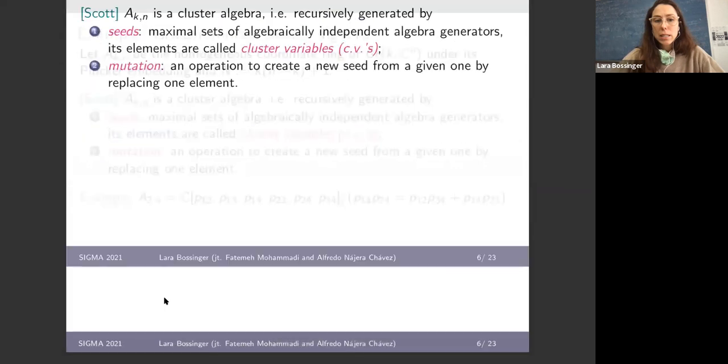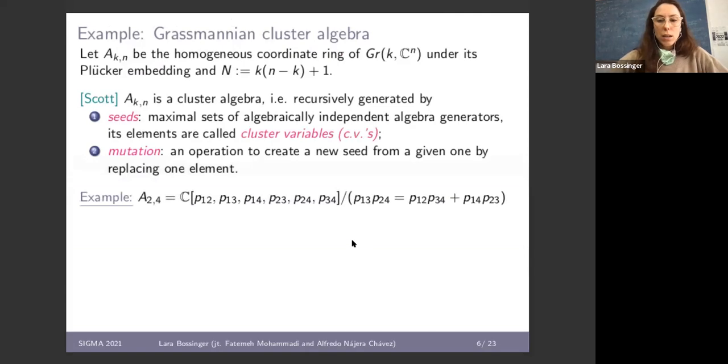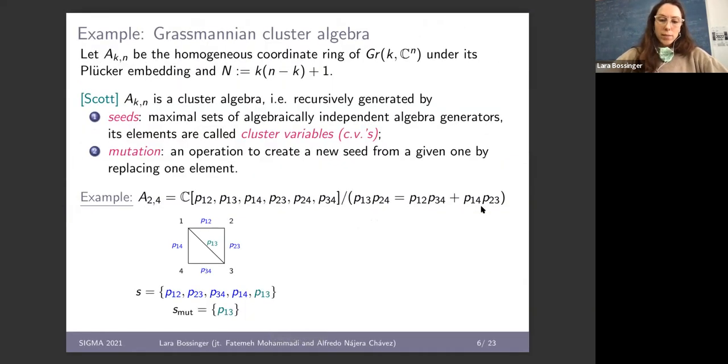So, for example, if we look at the Grassmannian Gr(2,4), this is the Plücker algebra. We have 6 Plücker coordinates indexed by 2-element subsets of {1,2,3,4}, and one 3-term Plücker relation. And we can visualize this algebra by drawing all the triangulations of an n-gon.